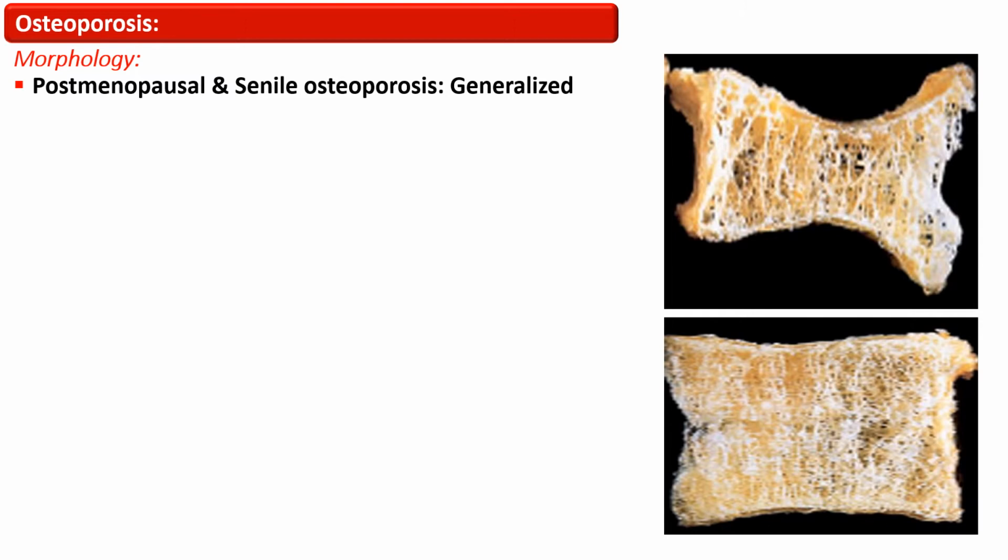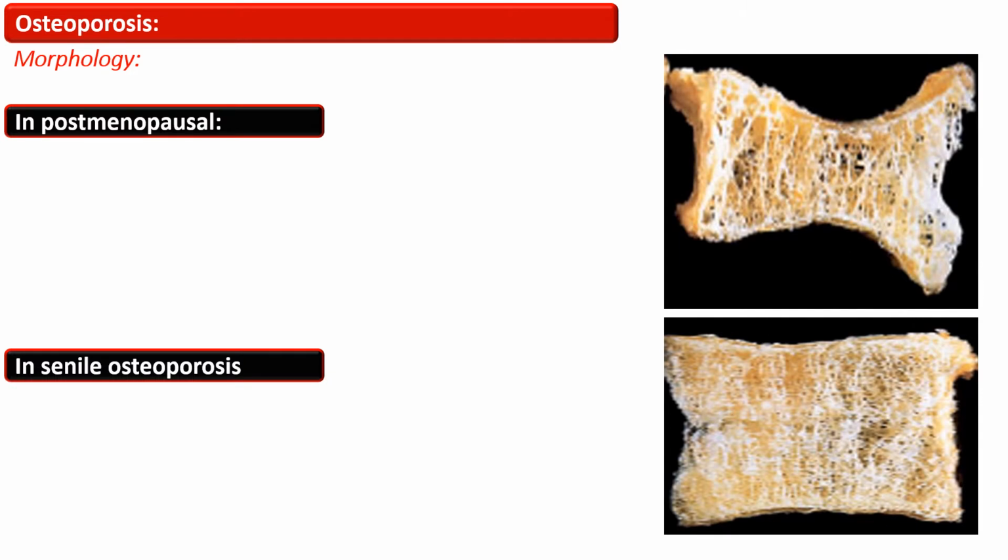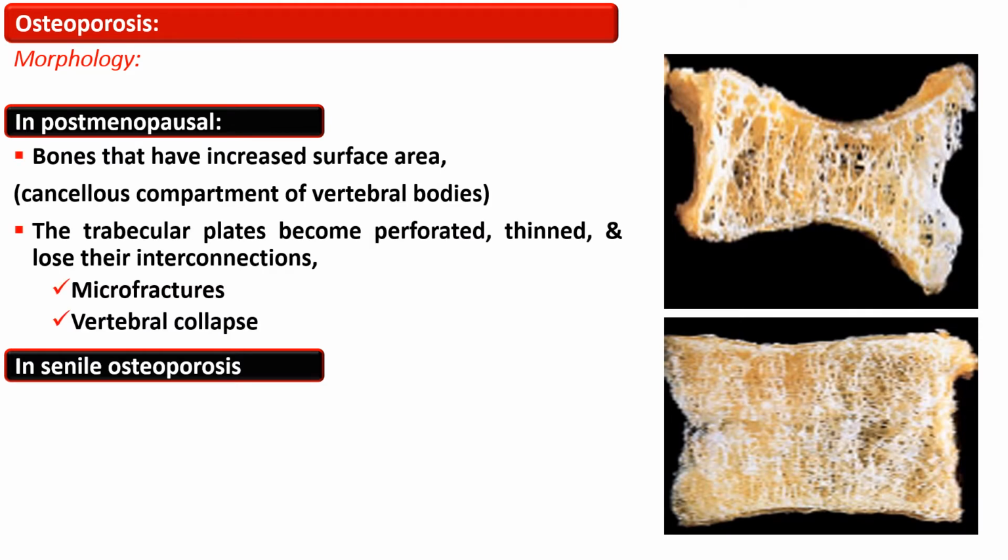In postmenopausal women, the mostly affected bones are those having increased surface area, such as the cancellous bone compartment of vertebral bodies. The trabecular plates of these vertebral bodies become perforated, thinned and lose their interconnections. Microfractures occur as a result, and this leads to collapse of the vertebrae.